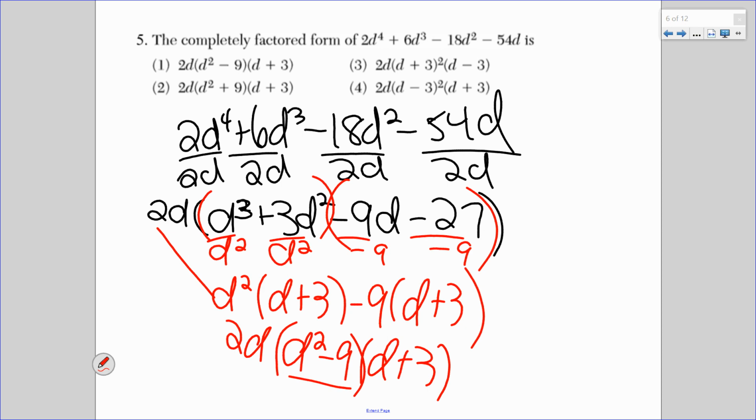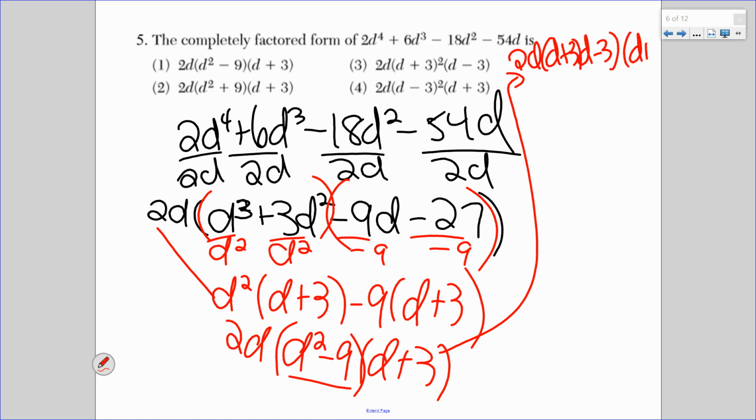Yep, I got difference of squares there. So I'm going to have 2d times d plus 3, d minus 3, d plus 3. Works. Because I have 2 d plus 3's, I can rewrite that as d plus 3 squared. The answer is choice 3.